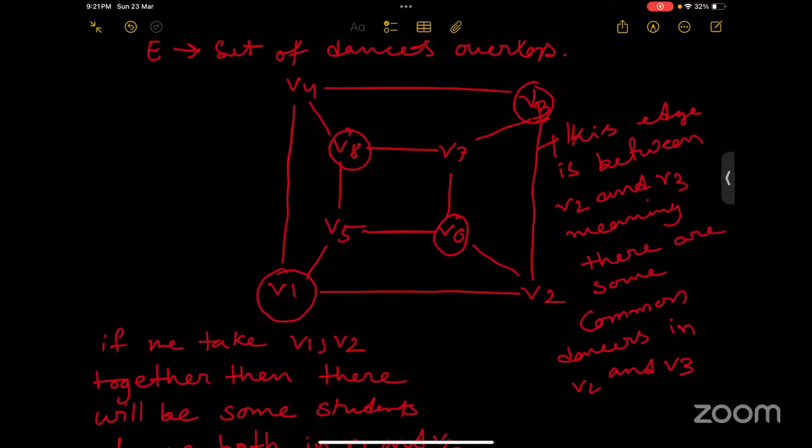We need the maximum number of possible dance groups, which is 4 again. If you take any representation, the maximal cardinality will be 4. If it is 5, I'll have to take 5. So you can take different independent sets, but the cardinality will always remain the same, right?